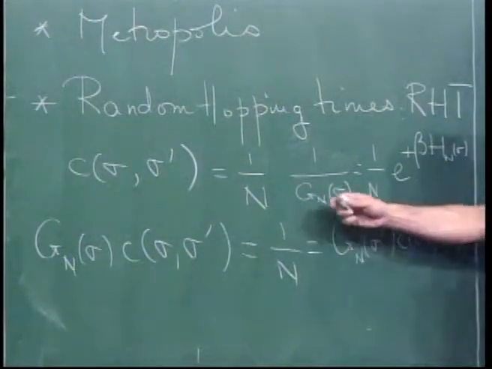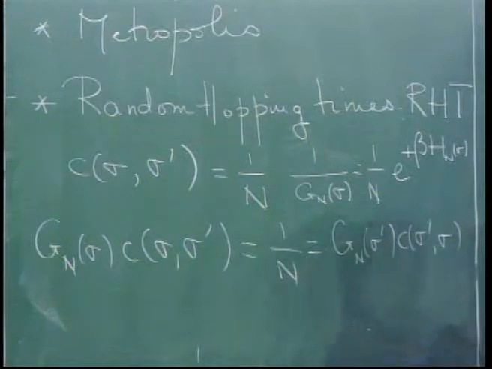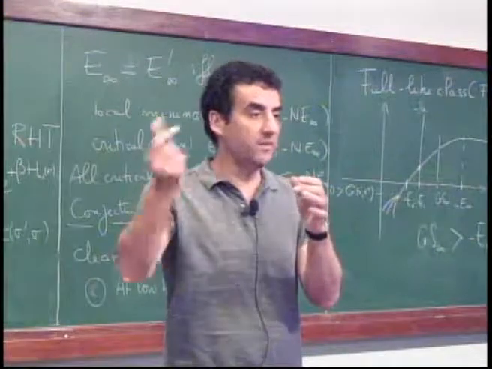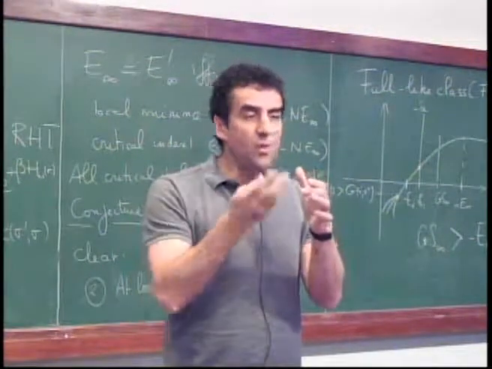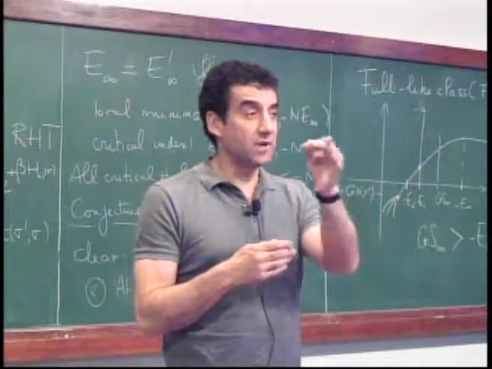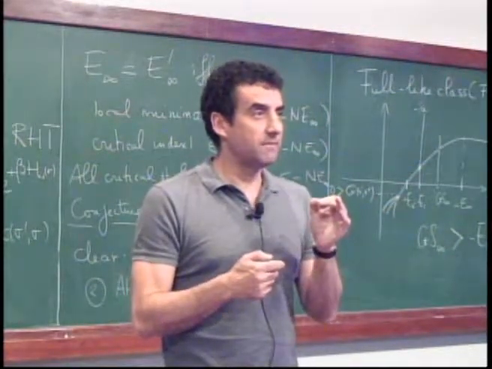Why? Because it's in some sense not very natural. When you are at one spin configuration, you choose one of the neighbors at random, one of the spin flips, and you move there. That's all. You don't care about the energy of the neighbor you're choosing.